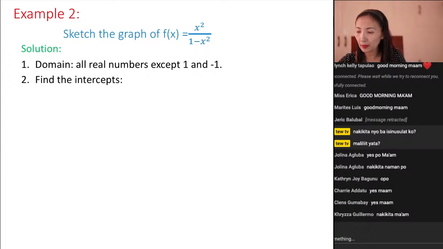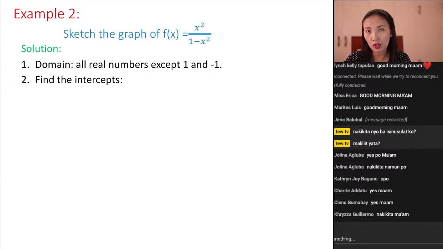Step number 1, find the domain of the function. Looking at the function given, it has a numerator and a denominator, so it must be a rational function. The degree of the numerator equals the degree of the denominator.